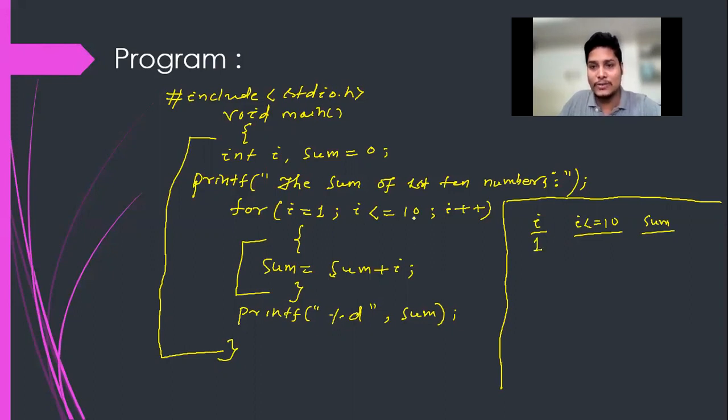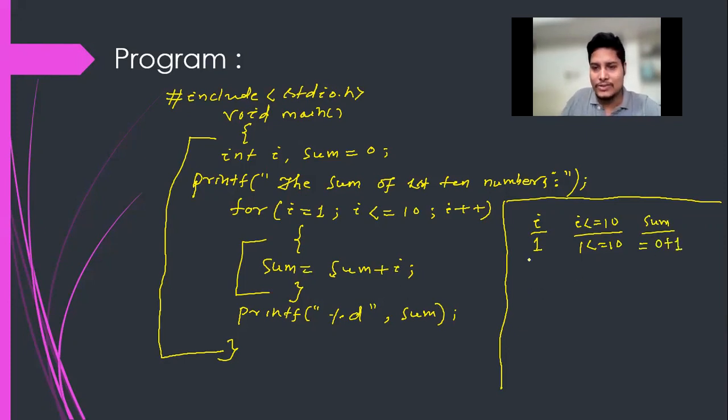Then this condition will be checked: 1 <= 10, yes or no? Yes, this condition is true. If this condition is true, then the statement inside the for loop will be executed. So inside the for loop it is written sum = sum + i. That means the initial value of sum is 0, so 0 plus 1.